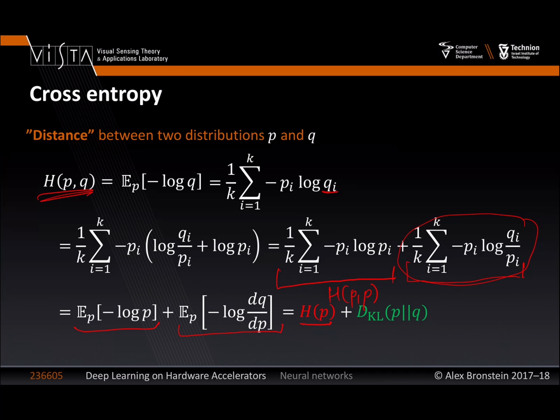So the first term is denoted by H(P), and is called the entropy of the distribution P. And remember, distribution P is something fixed. It comes with a training set. Okay? And the other term is called the Kullback-Leibler divergence. It is the distance, or a non-symmetric kind of a distance between two distributions P and Q. Okay? So just to remind you what we did so far, we reformulated our negative log likelihood loss function.